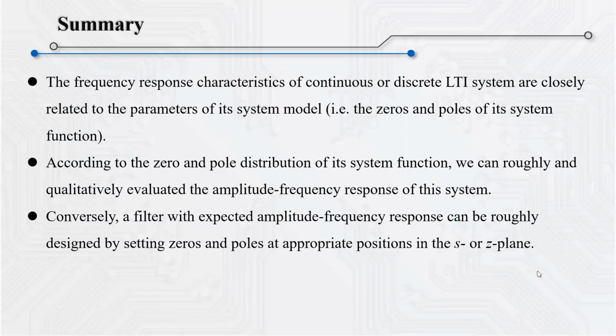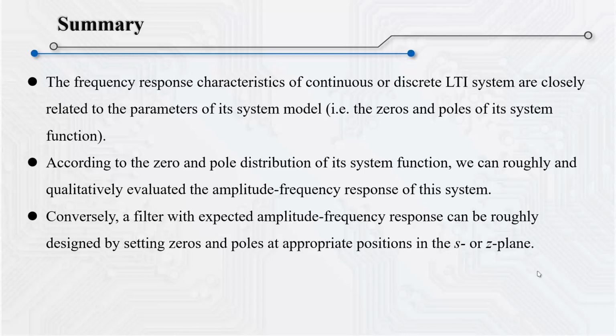Finally, let's summarize this lesson. Firstly, the frequency response of a continuous or discrete LTI system is closely related to the parameters of its system model, which means the zeros and poles of its system function.